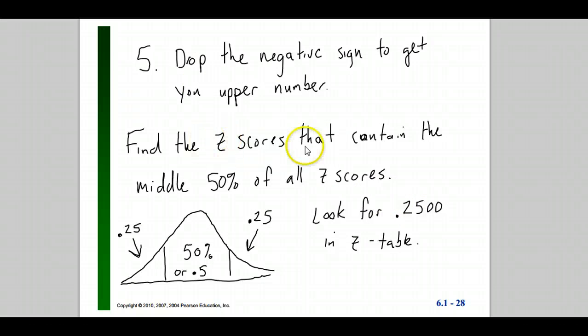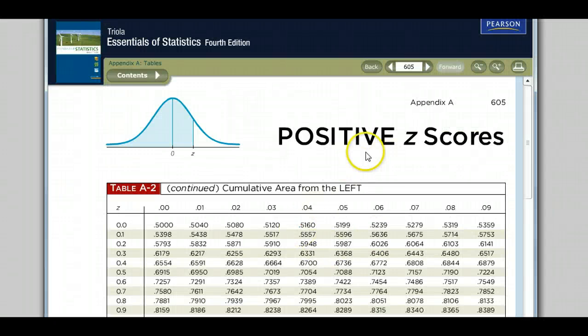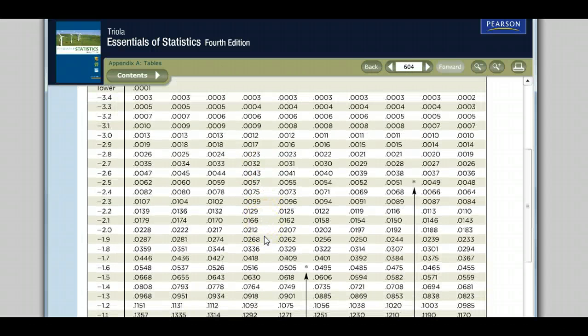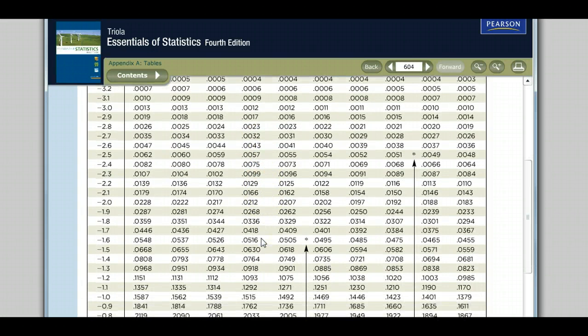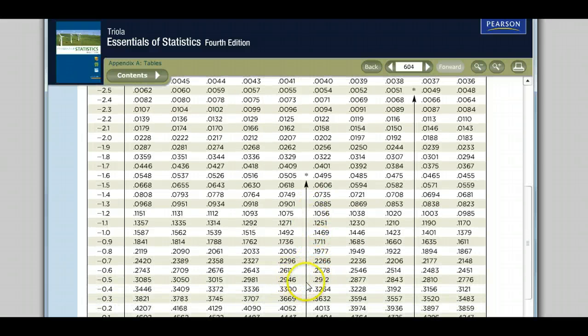And that's exactly what we could do again. If I wanted to find the middle 50%, that'd be like Q1 and Q3. I'm looking for 0.25 in the table. So this is the negative z-scores. I'm looking for 0.25, the closest I can get to 0.25 in this table. If I look right here, 0.2514, 0.2483.